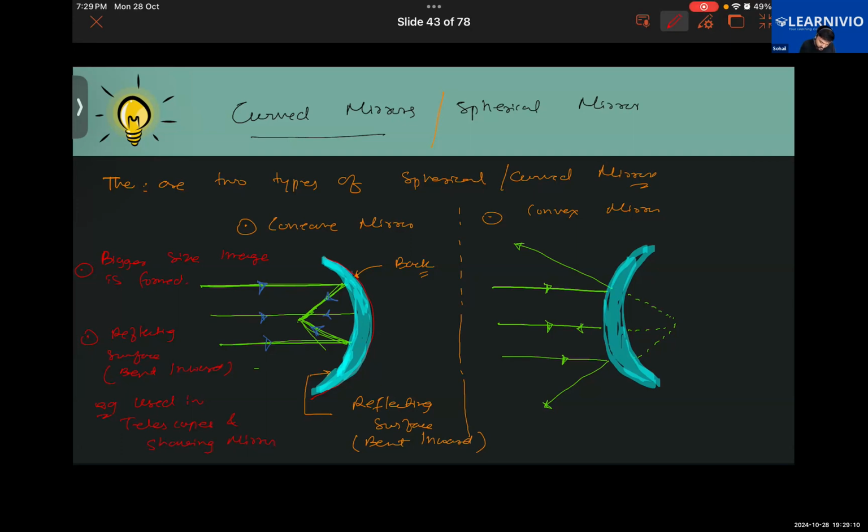Some of the important characteristics are as follows. The image formed is smaller in the convex mirror. Another thing is that the reflecting surface is bulging outward. Further, examples of instruments in which it will be used: it will be used as a security mirror.